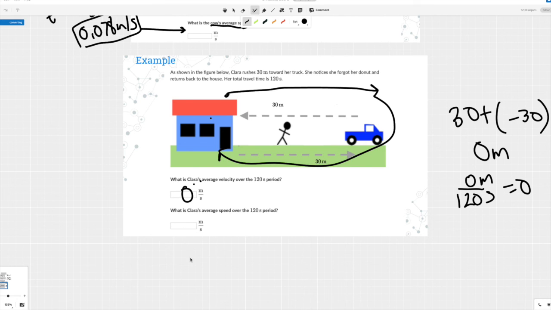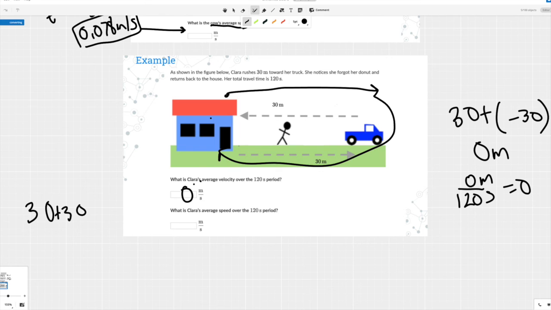What is Clara's average speed over the 120 second period? So speed is going to be different. We're not going to be considering the sign, so just how much distance she traveled. So first she traveled 30 meters from house to truck, then another 30 meters from truck to house.